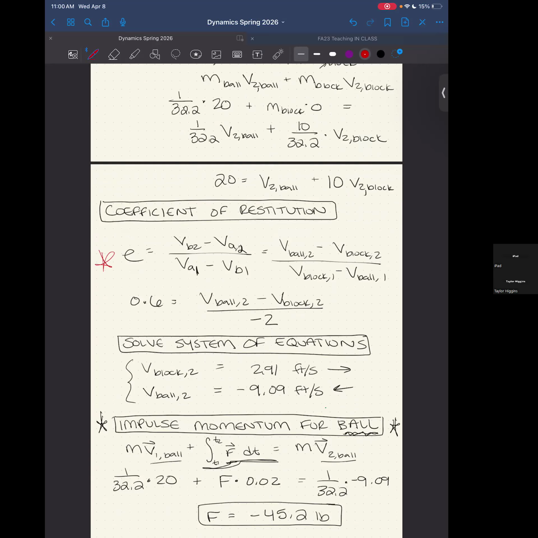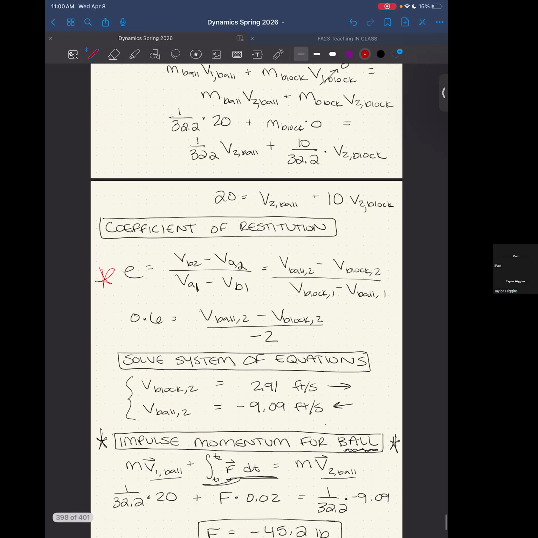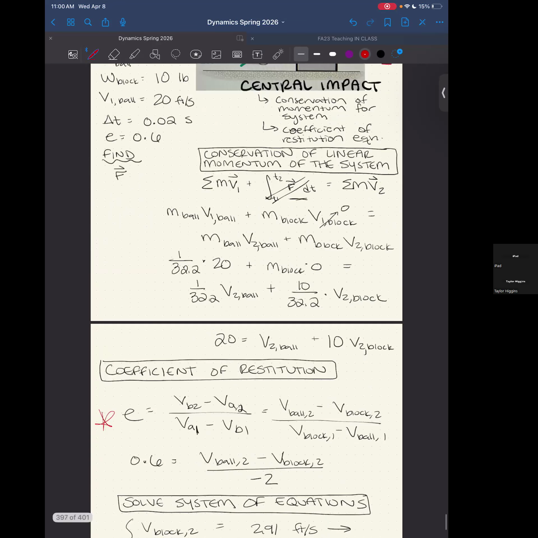So how did you get B as being the ball? It doesn't matter. And then you got -2. Should that be 20? It should be block minus ball.